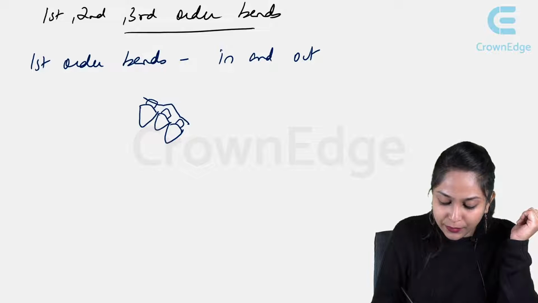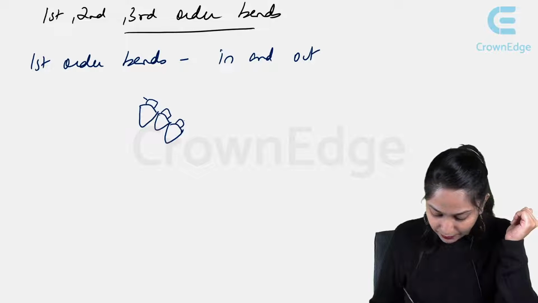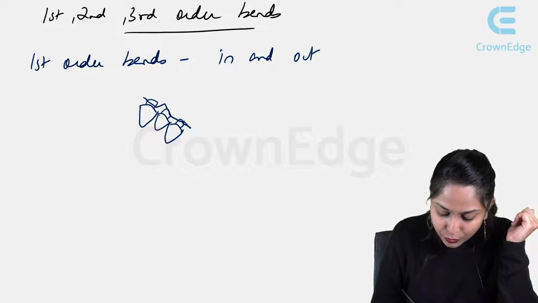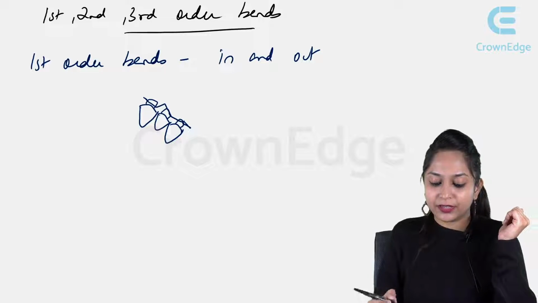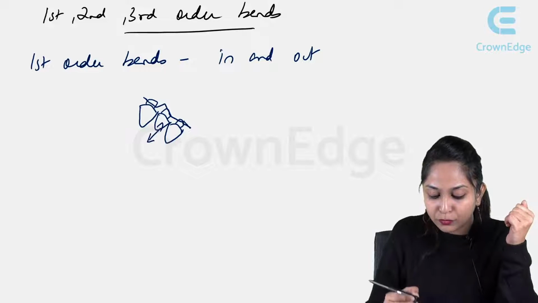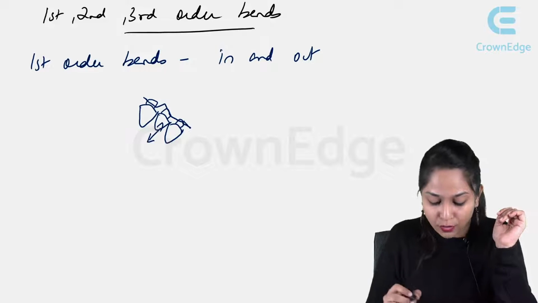So the bend is going to be like this. The bend that you give here is called the in and out bend. It is just for the buccolingual movement of the tooth, without the root movement. So this is the first order bend.